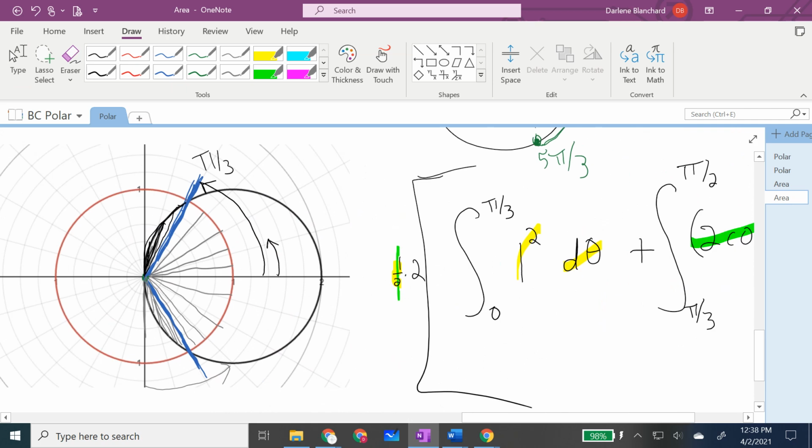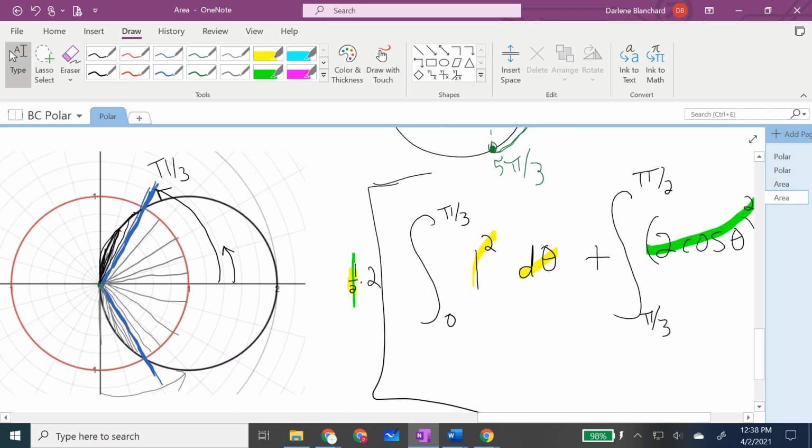And so when the symmetry comes in, you're just dealing with doubling the area formula. And that's it. And then that's changing. Instead of starting at negative pi over 3 and going to pi over 3, I'm starting at 0. So it's only for that first integral? It's for both.